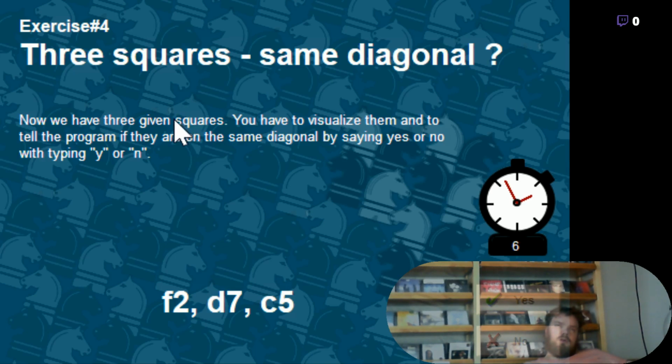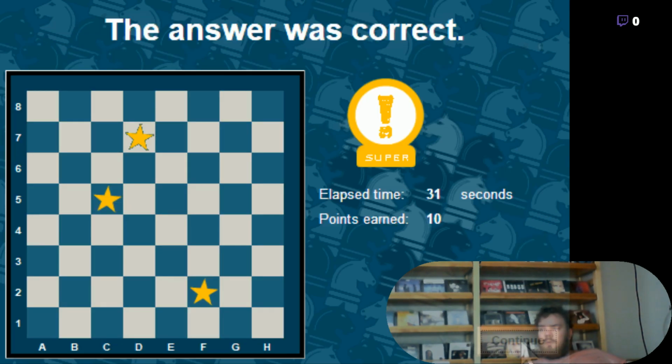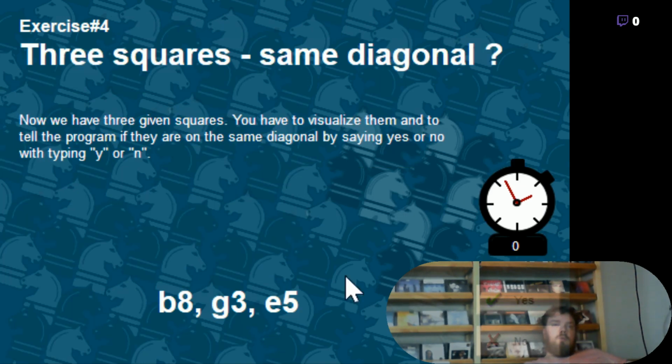F2 is dark square, and if we go upwards we get to H4 or H7, but not D7. E8 is dark square. It does lead to G3.